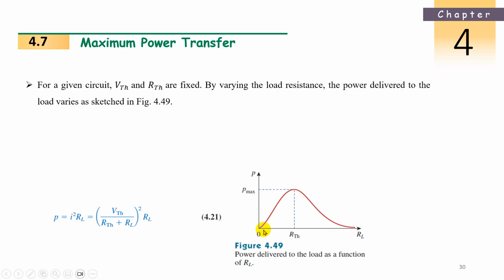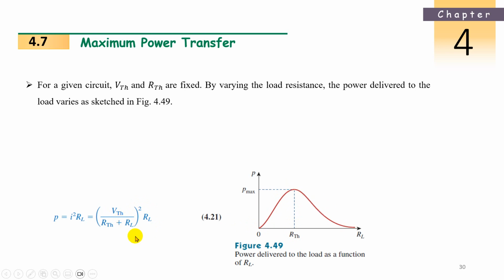Now, change the resistance RL, because RL will be increasing here every time. Then the power will increase, right? When I am increasing RL, the power increases up to the maximum point where RL is equal to R Thevenin's. Then it will decrease again.